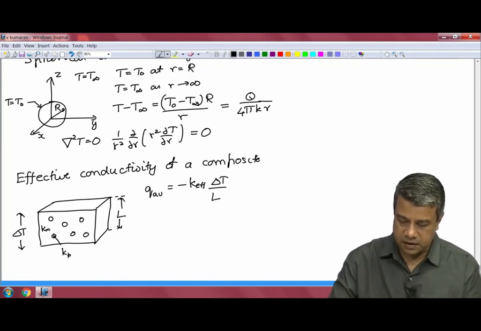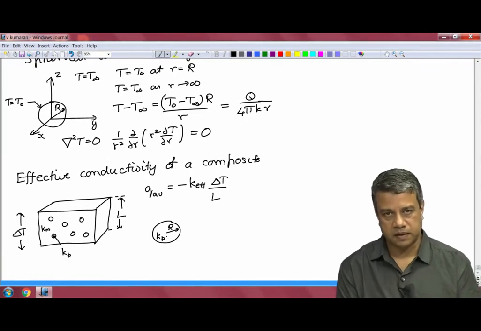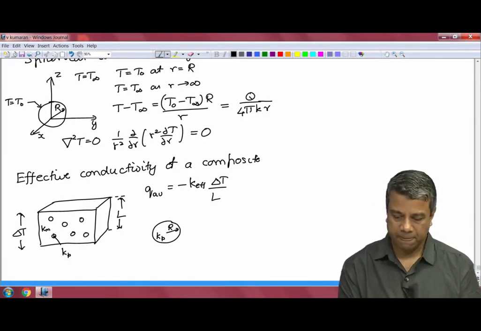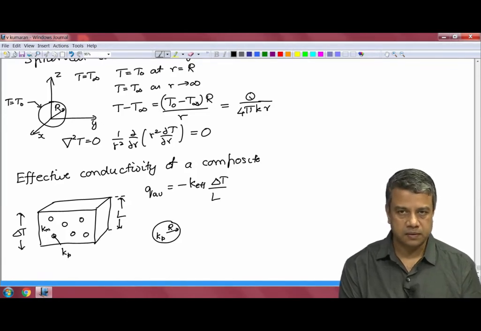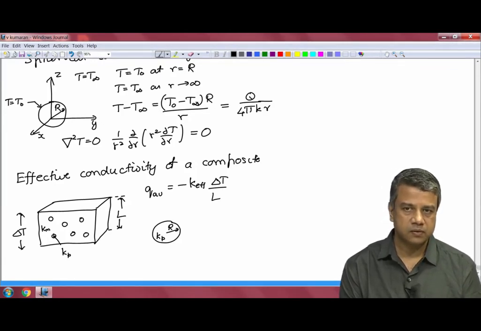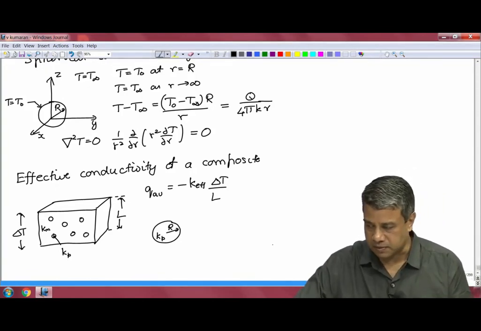These are spherical inclusions which have a radius R and a conductivity Kp, for particle. And we will consider this in the dilute limit, where the temperature field around one particle does not affect the temperature around another particle. That is the approximation we will make.